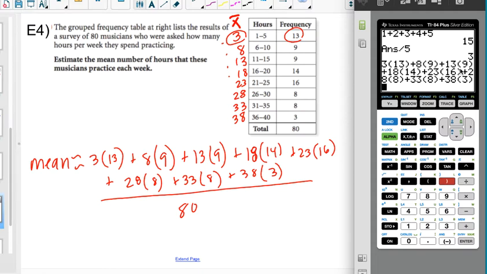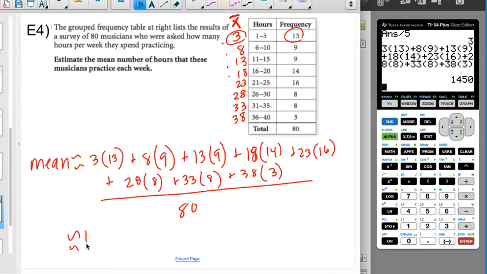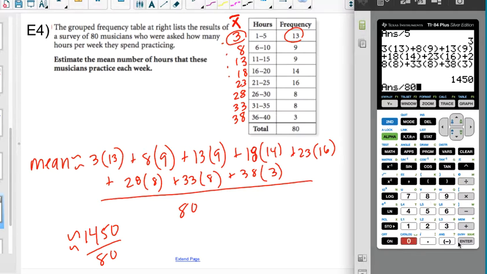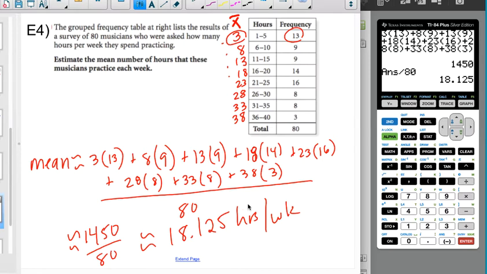Enter all of that work to get that this is approximately a 1450 over 80. And so we get approximately 18.125 hours per week.